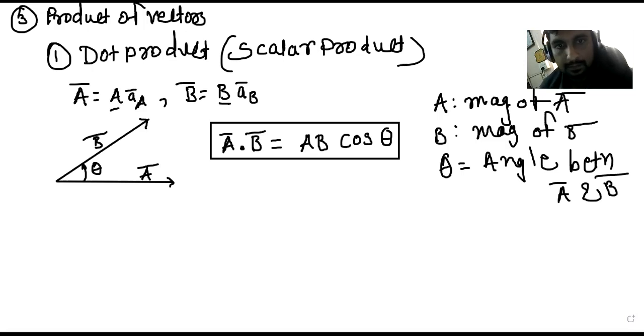That's it. I hope you understand what I have written here, and how the dot product is defined.